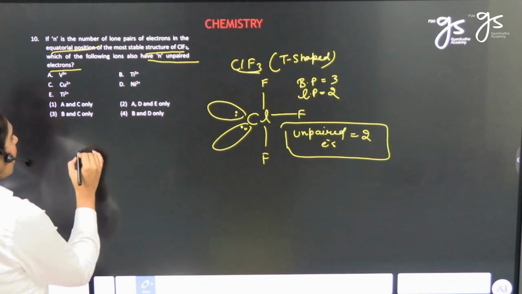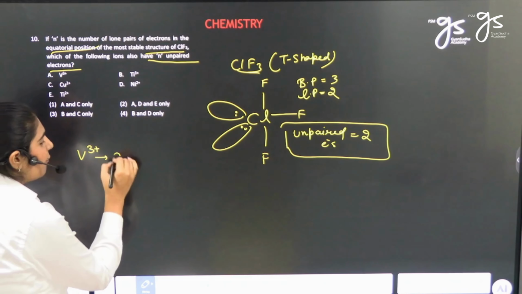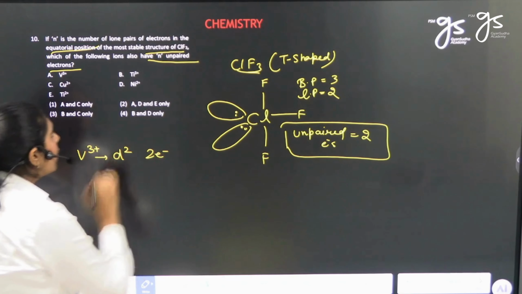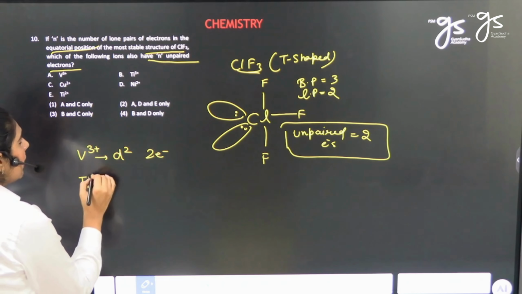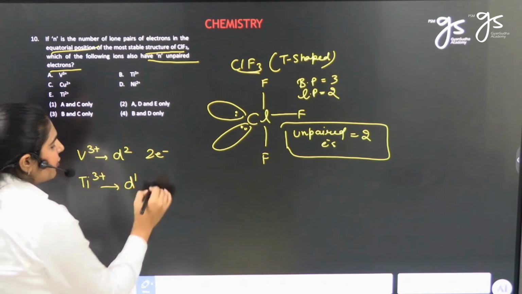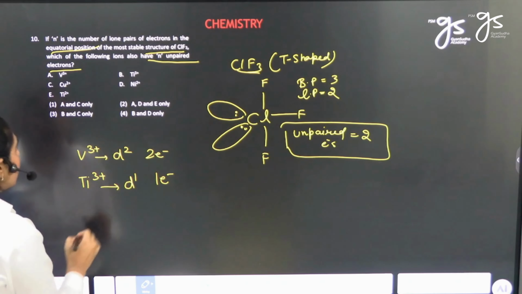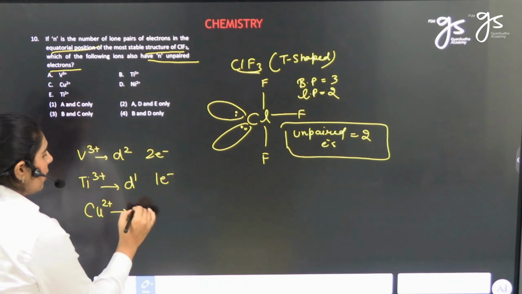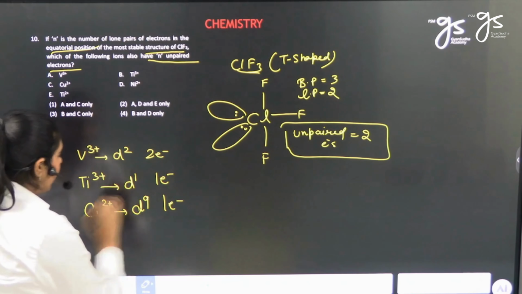Now looking for this vanadium. So vanadium is having the configuration of d2. That means we are having the 2 electrons, right? In titanium, Ti3+, this is having d1 configuration and have the 1 electron. Similarly, for the C, that is Cu2+, this is having d9 configuration, and again it is having 1 electron.